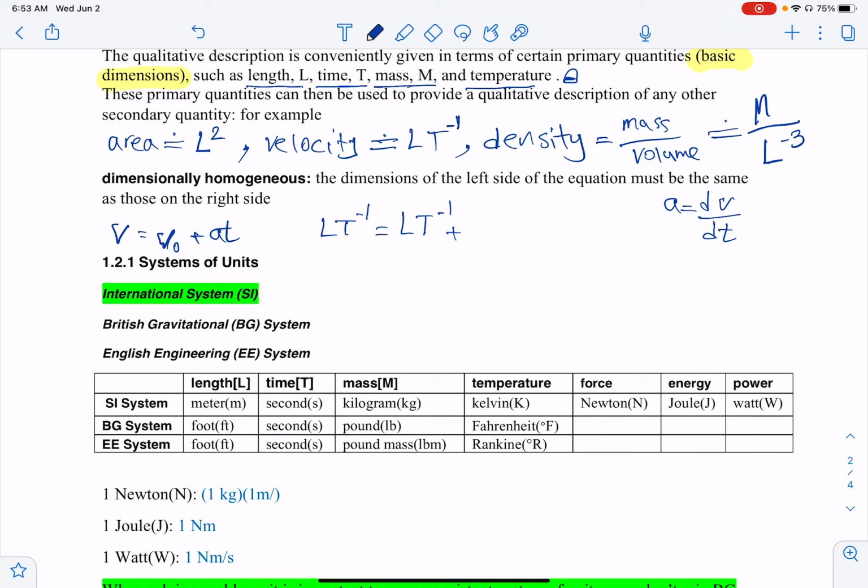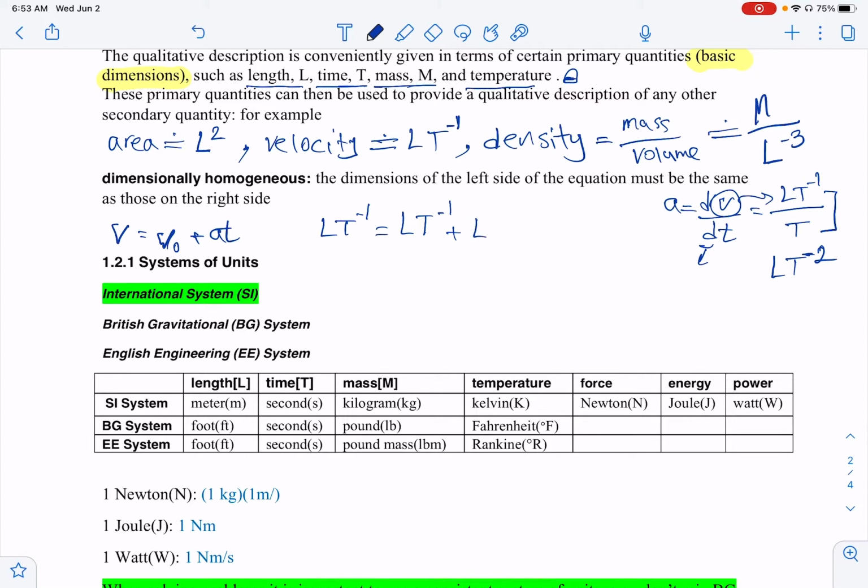By the way, the mathematical operation does not have dimensions, so this derivative doesn't have dimension, and we are just talking about v. It is L over t, divided by t, and if we simplify that, it's going to be L t minus 2.